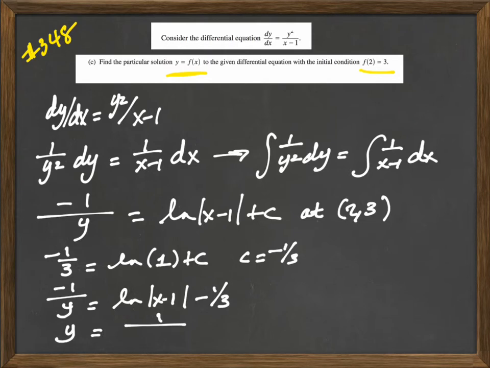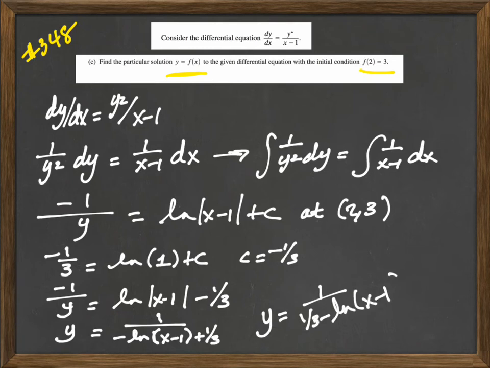Do we need a positive or a negative x minus 1? It's at (2, 3), so we can just say x minus 1 without the absolute value now. And then that would be plus 1/3 if we took the negative of that. So now let's switch it around to look nice: y equals 1 over 1/3 minus ln of x minus 1. So that should be the answer.